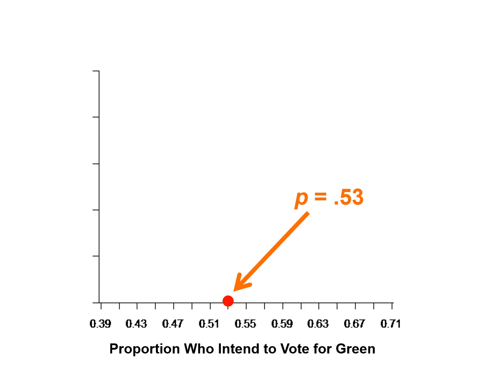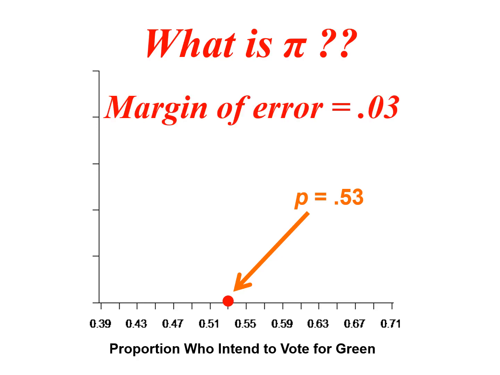But the real question that she's trying to address is the value in the population. So she's trying to find the value of pi, and we know that the margin of error is about 3%.